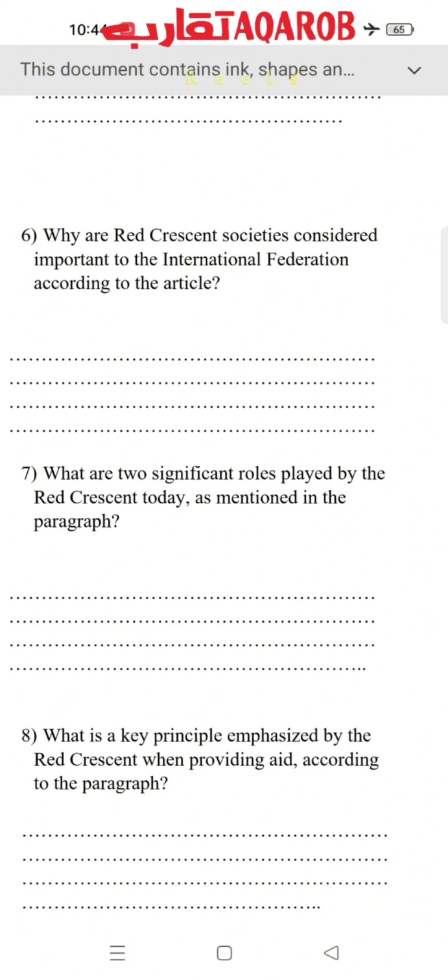The Red Crescent plays a crucial role today in responding to disasters such as earthquakes or fires. This is number 1. And number 2, providing aid to developing countries.